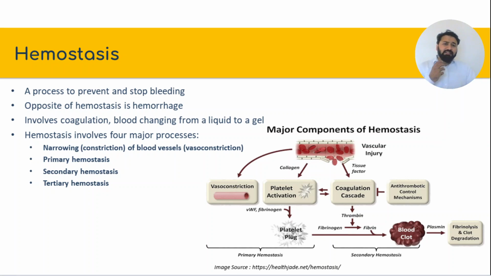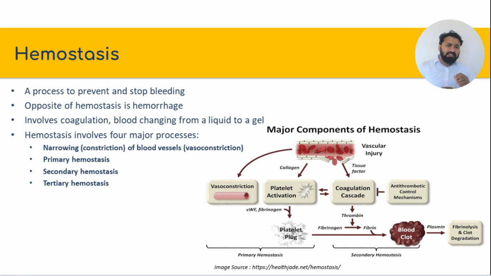Next is hemostasis. This is the process to prevent and stop bleeding, meaning keeping our blood within a damaged blood vessel for a long period of time. The opposite of hemostasis is hemorrhage.